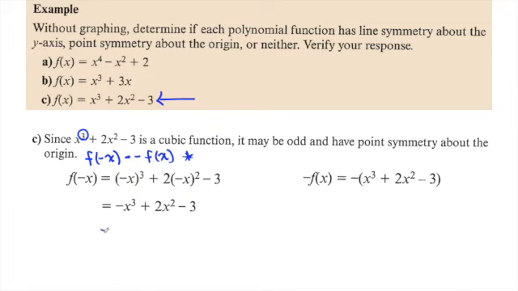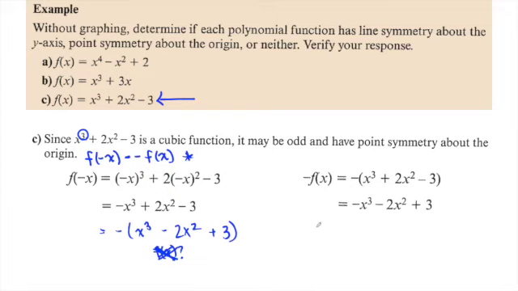If you were to pull out a negative here, this would be f at x. Nope, it is not. f at x is plus x cubed and minus 3, so this one does not work.